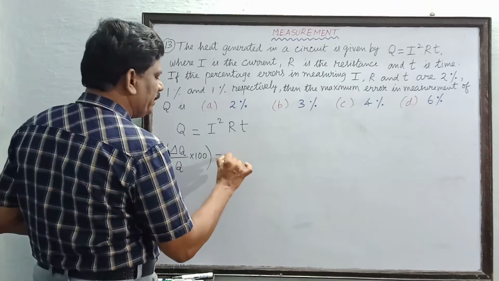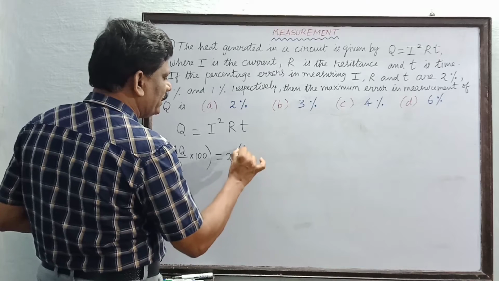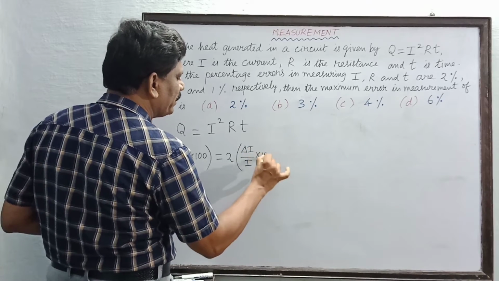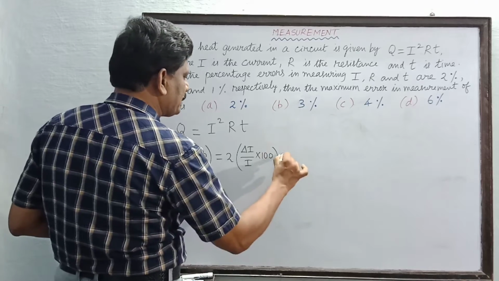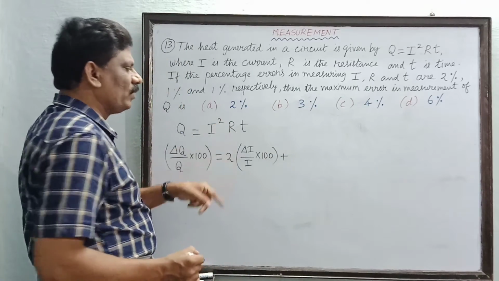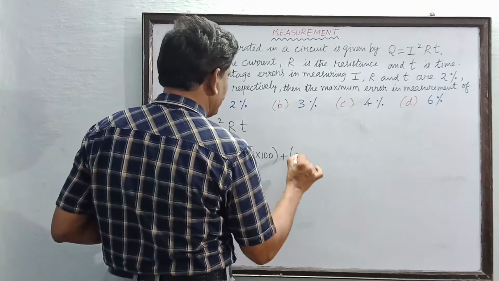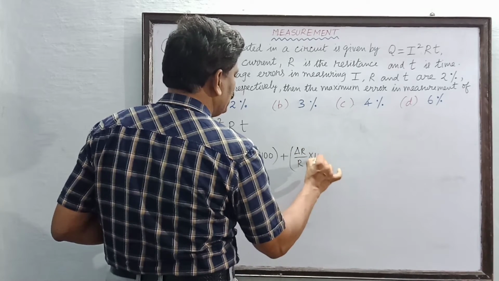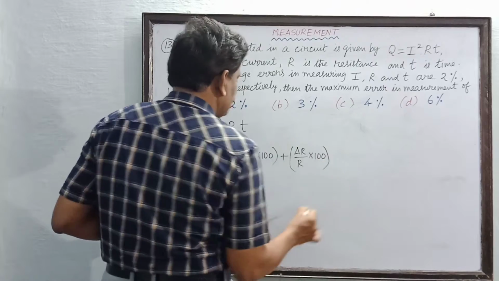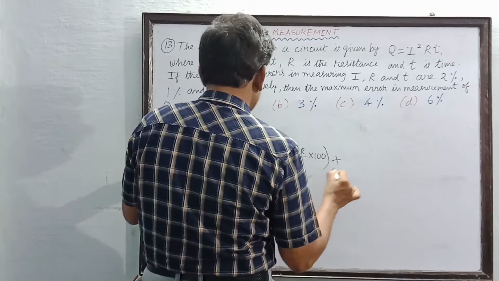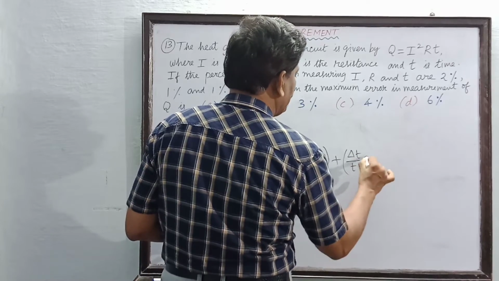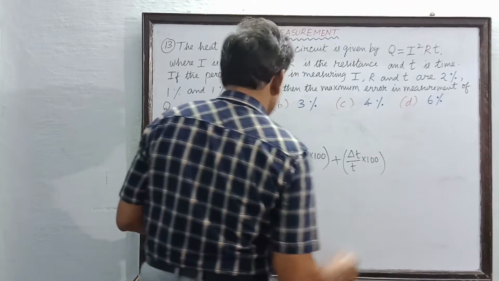Therefore this must be equal to 2 times delta I divided by I into 100, plus R is to the power 1 and T is to the power 1. So directly it is delta R divided by R into 100 plus T also is power 1. So it is delta T divided by T into 100.